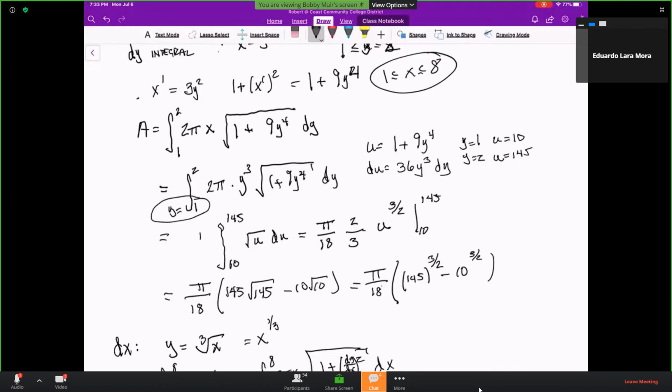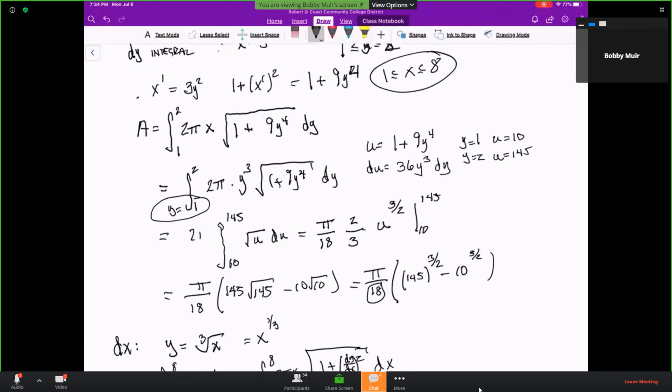So we square 1 to the 8. Oh, there you go. But I do have a question: right above that, you have pi times 2, and then 18 times 3, which is 54, and you have 2 pi over 54, which is pi over 27. Well, unfortunately, I erased what was in front of this integral. I think it's 2 pi over 36.